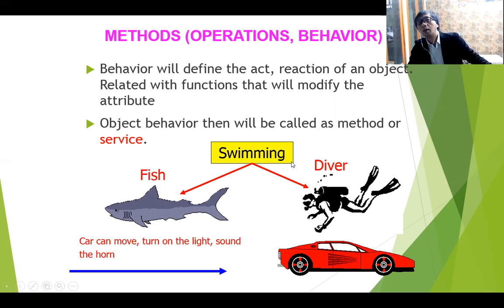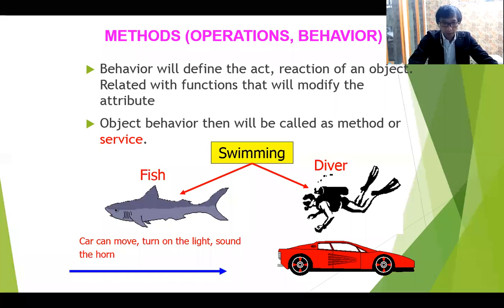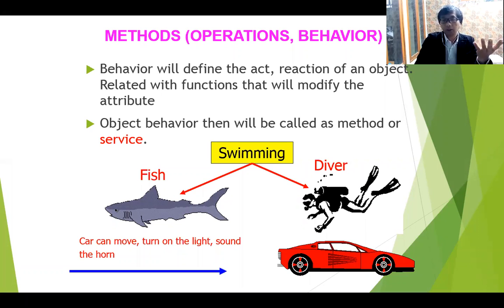And also, one thing that you have to know is that in object-oriented programming, you have to define a real activity so it will not confuse you. Like let's say in this example, you have a swimming method, where a swimming method can become a fish method or a diver method.